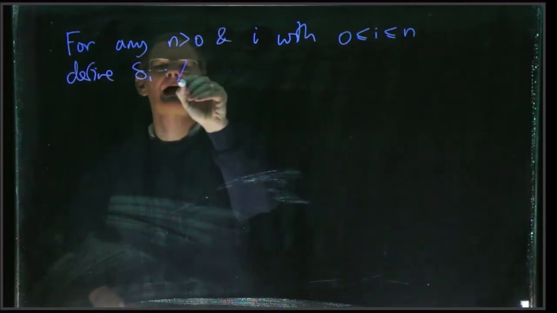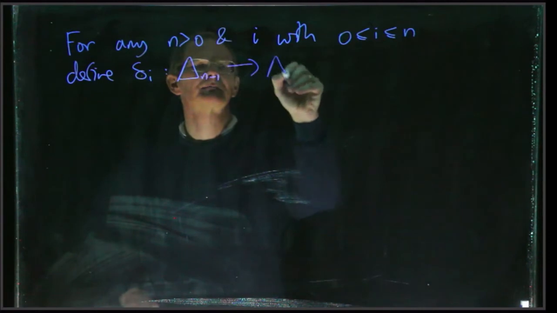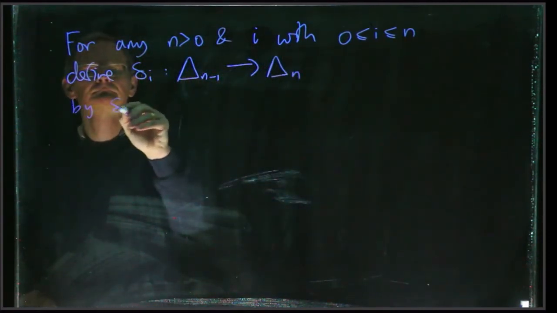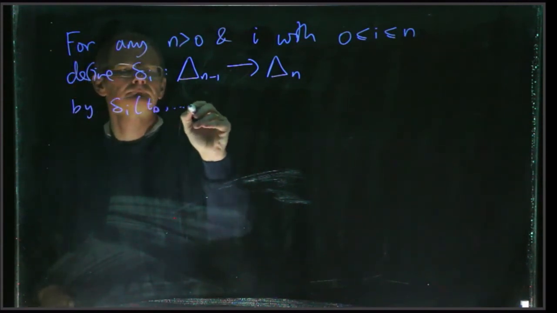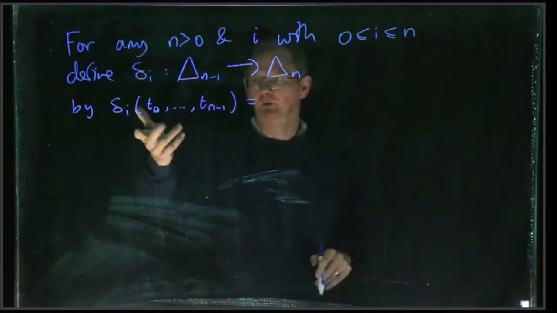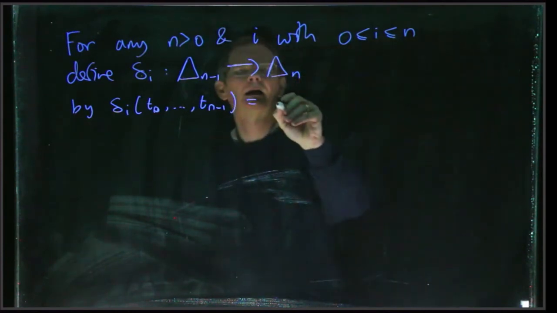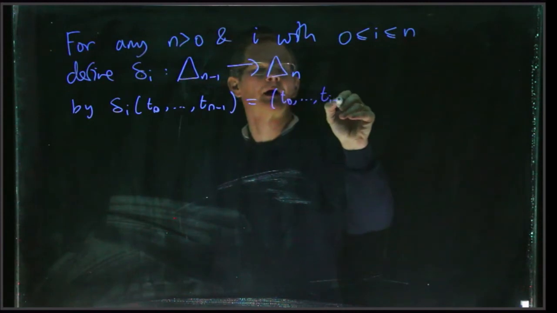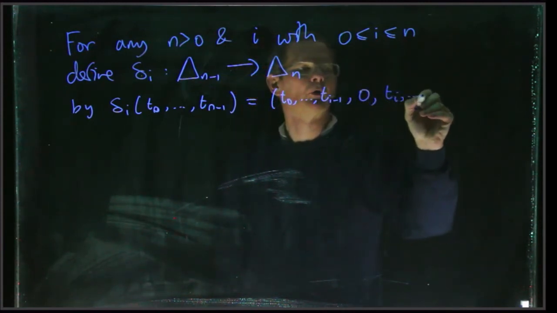This is going to be a map from the (n minus 1)-simplex into the n-simplex. So we have to say what its effect is on some tuple (t0, ..., t(n-1)), and what you get is t0 all the way up to t(i-1), and then you stick in a 0, and then you get ti all the way up to t(n-1).